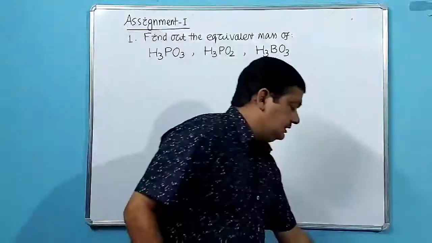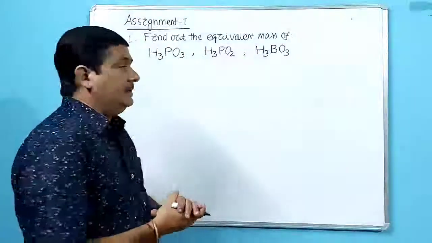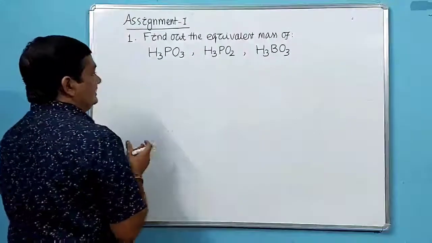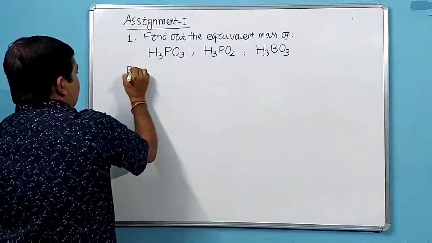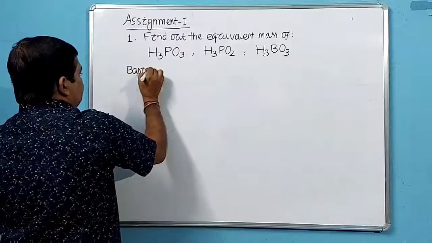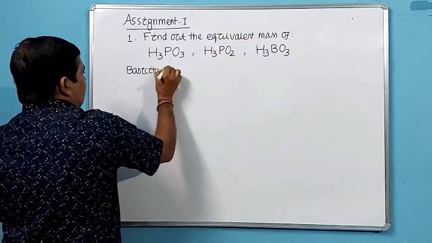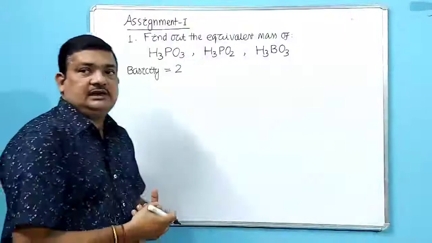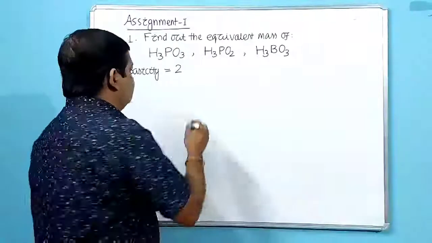I told you to find out the equivalent mass of these 3. First let us treat these 3 as acids. I have already told you the basicity of these acids. The basicity of phosphorus acid is 2 because it has 2 replaceable H+ ions.